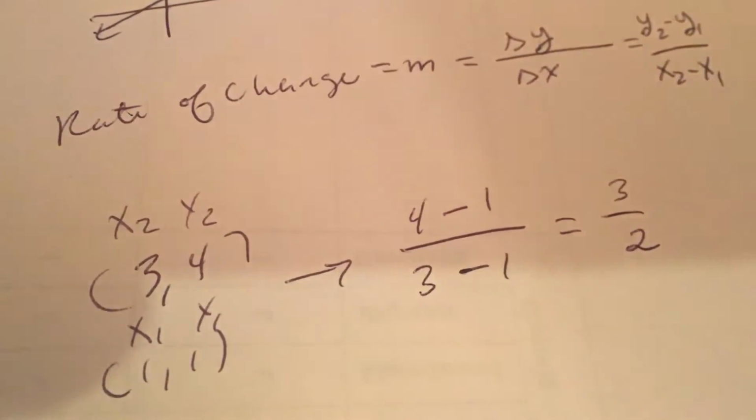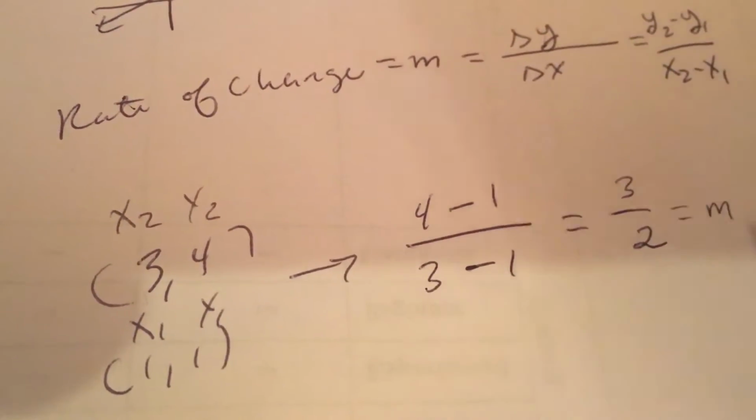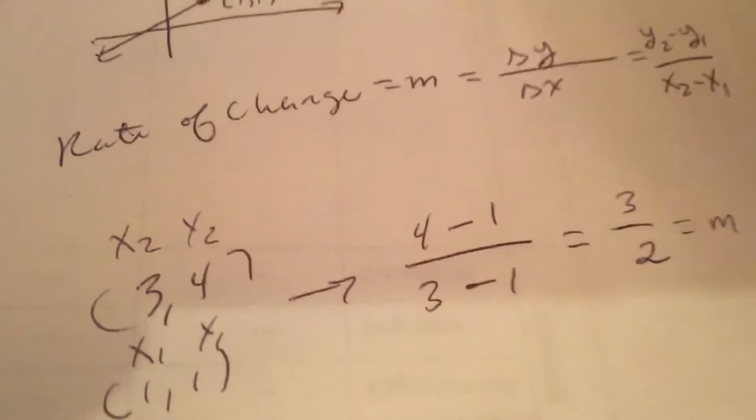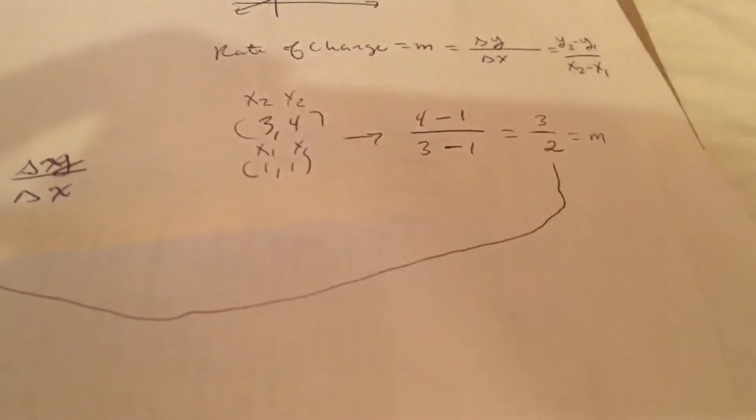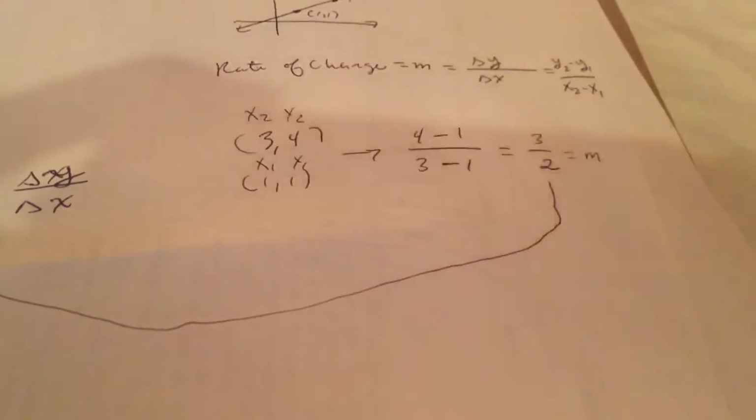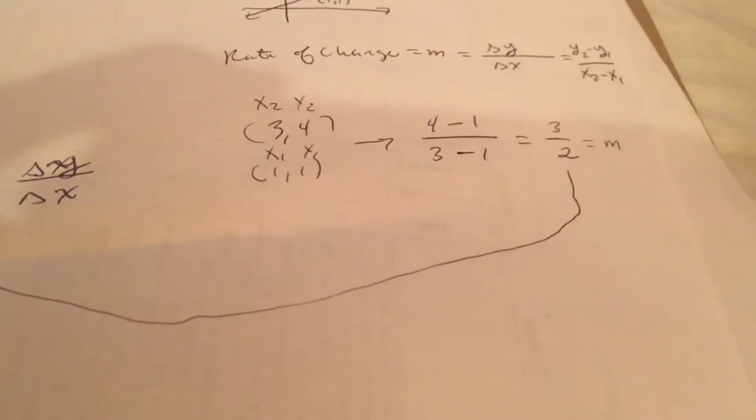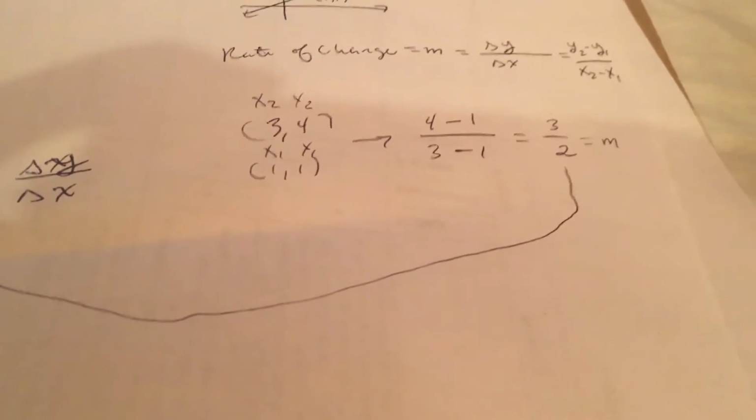So, conceptually, this number here, 3 over 2, is explaining the same exact thing as a rise over a run. Essentially the slope is telling us that our line is rising by 3 units and moving horizontally by 2 units.